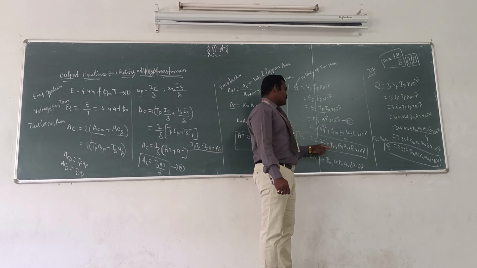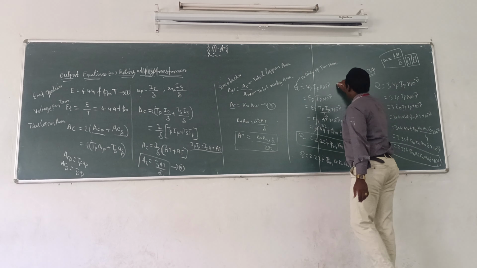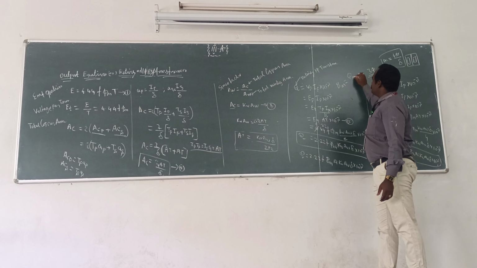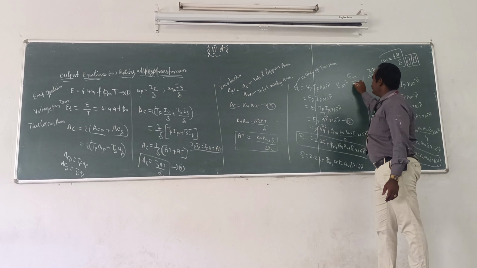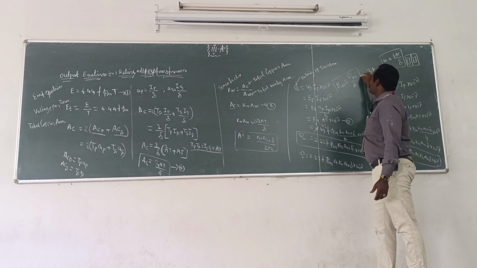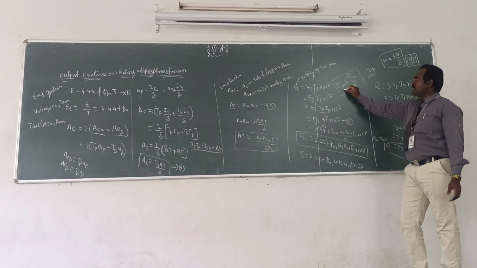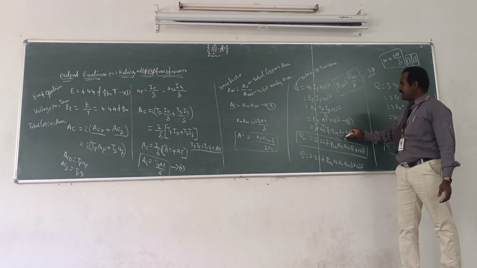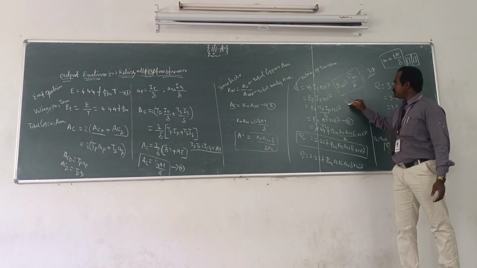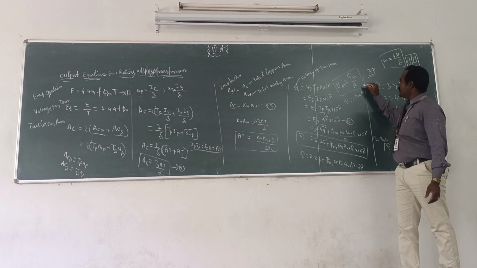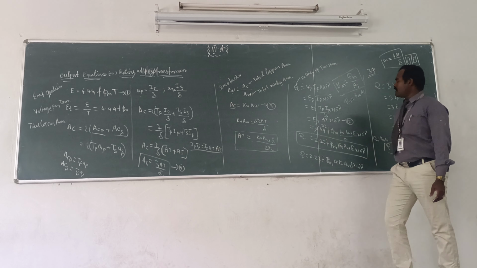We all know that the maximum flux density Bm should be equal to phi m, the maximum flux, divided by the area. This is the common formula we may have studied in the lower classes. So Bm should be equal to phi m by A, but here the phi m should be equal to Bm into AI, that is the iron area.